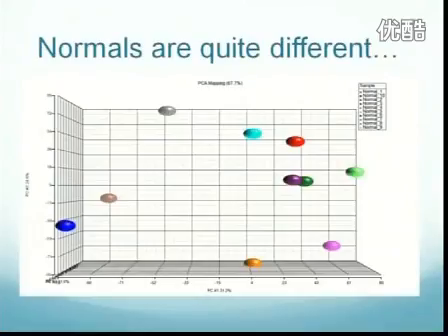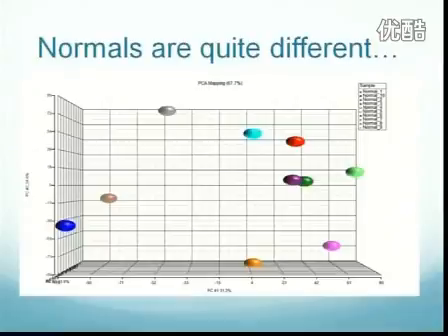One of the first interesting things in this study was that we did a PCA analysis of just the normals. We took the gene expression data from the RNA-seq and did a PCA. What you can see here is a wide variation in the gene expression among the normal tissues.